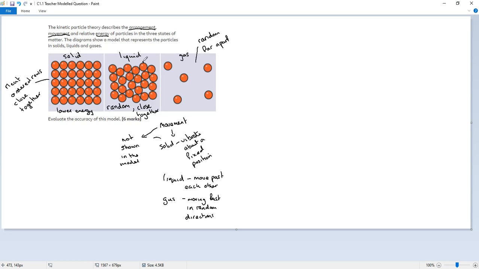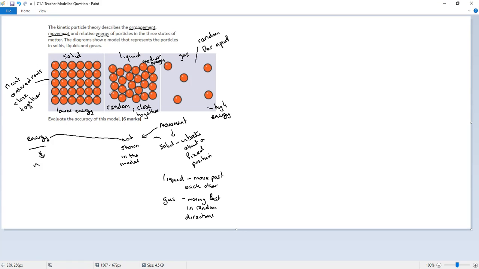The liquid is medium energy. And the gas has high energy. And you can't really see this. In fact, let's save myself some time. Energy is not shown in the model, so again, that's a weakness.